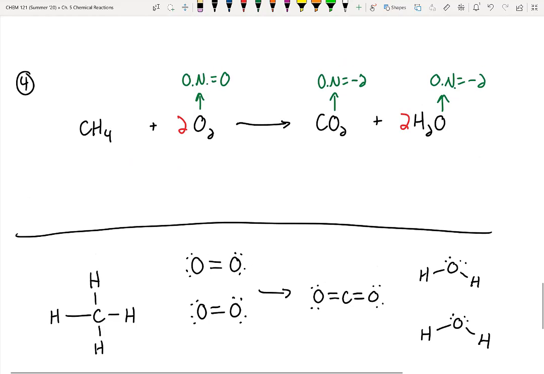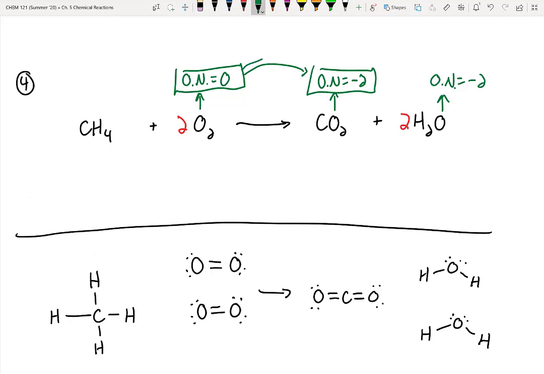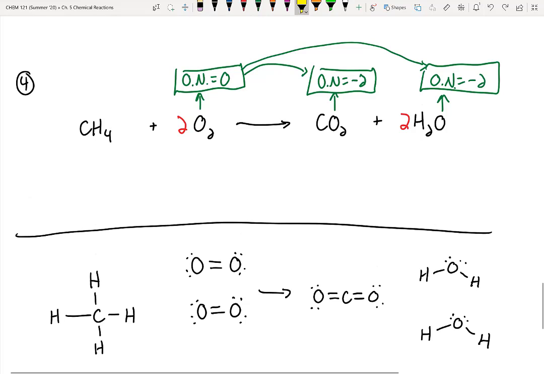But let's take a look at oxygen now. Oxygen, in this case, is going to 2 different molecules, right? But you see how in either case, it's going from 0 to -2. Over here on the starting material side, it's 0.